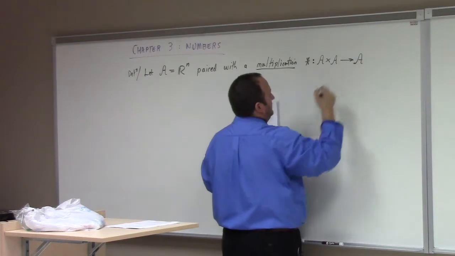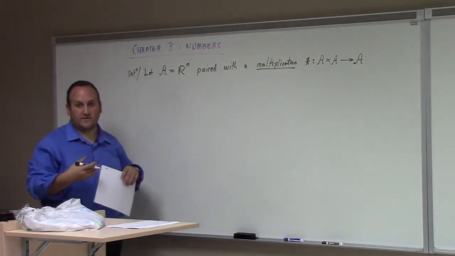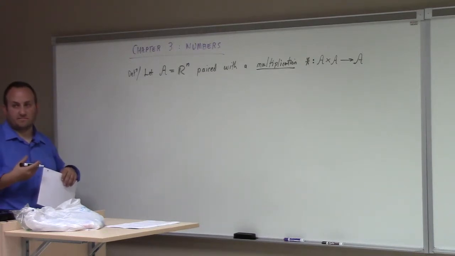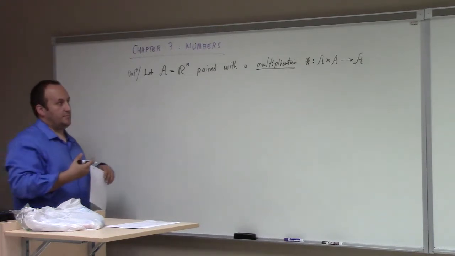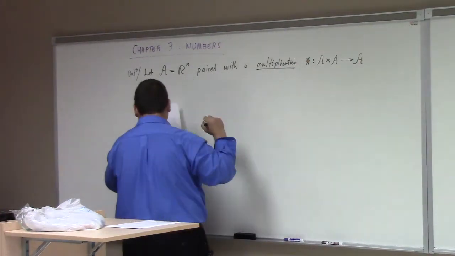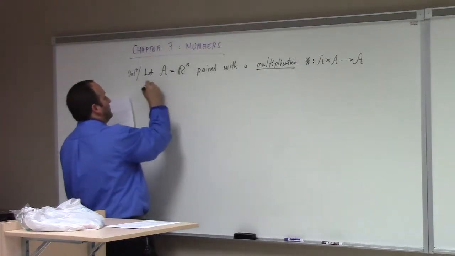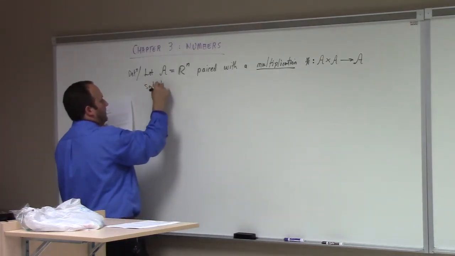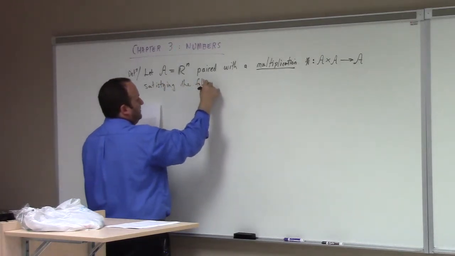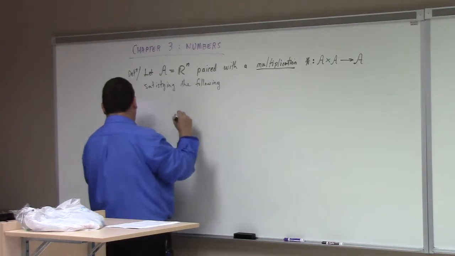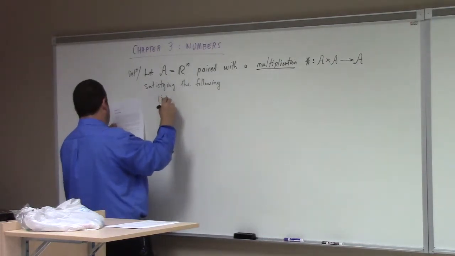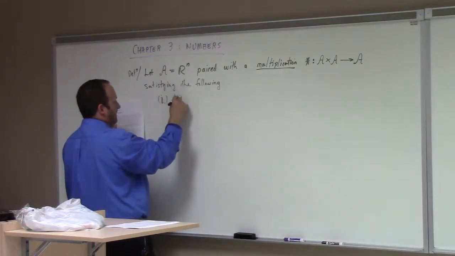But we will often omit the star and just use juxtaposition in examples, like we've been doing with complex numbers. And this multiplication satisfies the following axioms. Number one, it's bilinear.